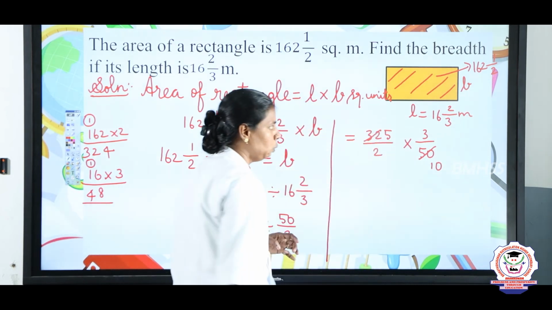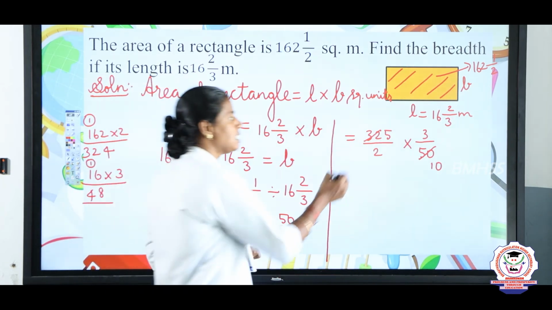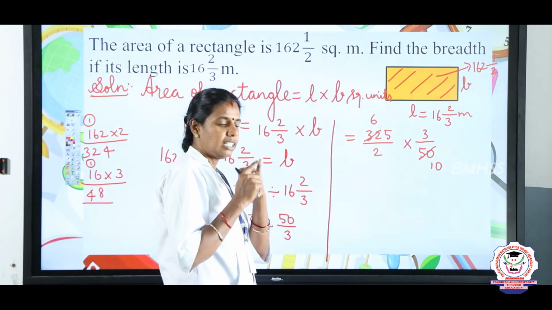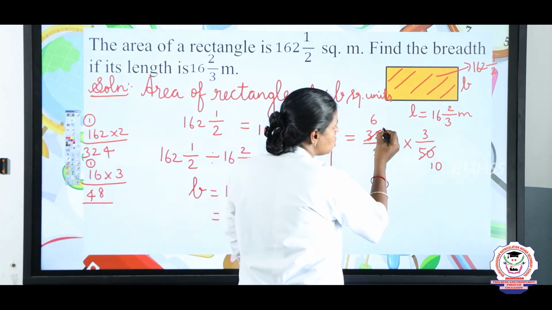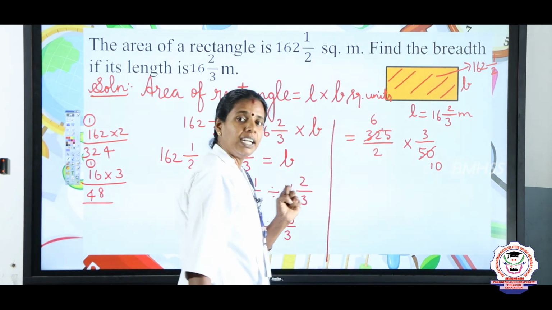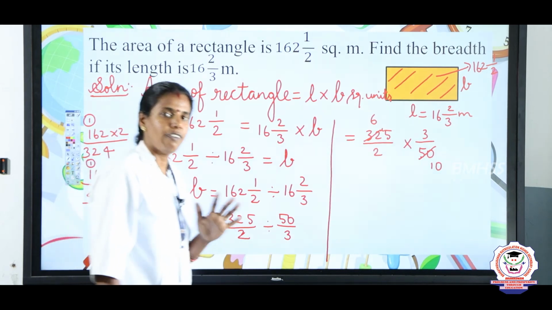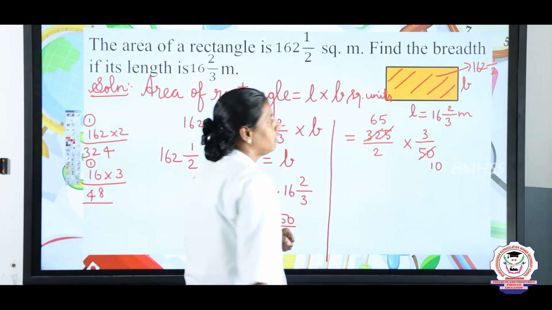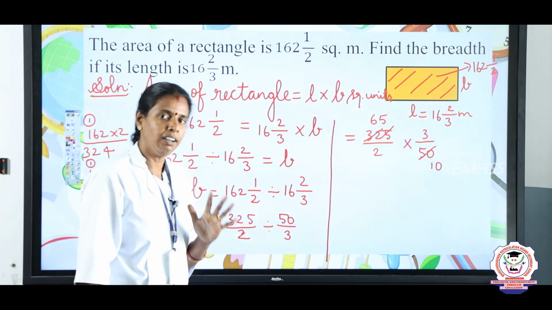Here 32, how many times in 5? 5 sixes are 30, 31, 32, remaining is 2. Now if the 2 is joined here, it will be 25. How many 5s are there in 25? 5 fives are 25. So 65 times you can cancel this 325 in the 5 table.